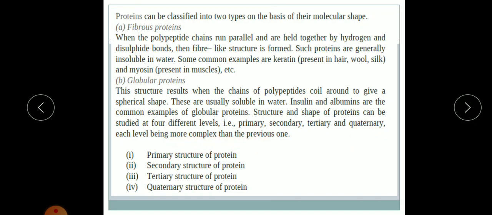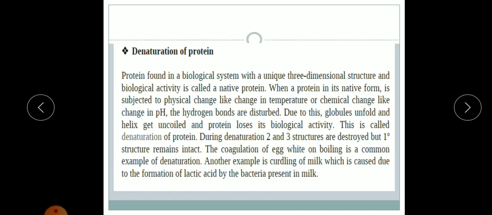Okay, so we came to know that proteins can be classified on the basis of molecular shape into fibrous and globular protein, and we have seen the structure and the examples as well. Then structure and shape can be studied at different levels: primary structure, secondary structure, tertiary and quaternary structure. So this is about the classification of proteins.